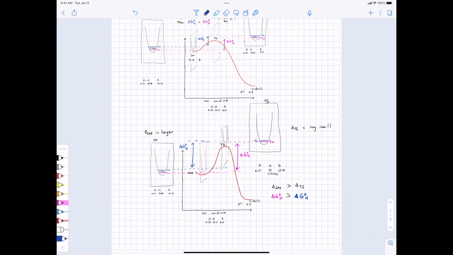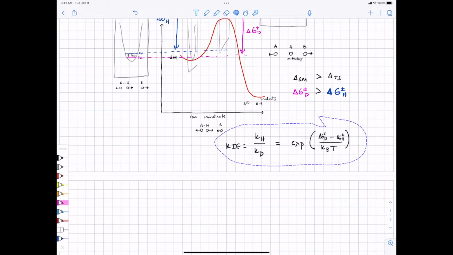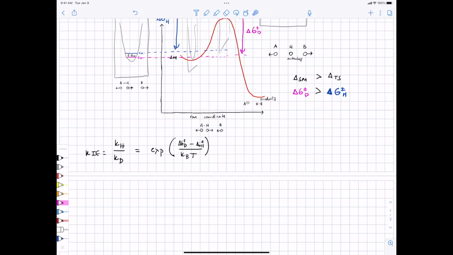And if that's true, going back to our equation, if deuterium activation energy minus hydrogen activation energy is positive, then this ratio has to be greater than 1, and perhaps substantially greater than 1, all right?